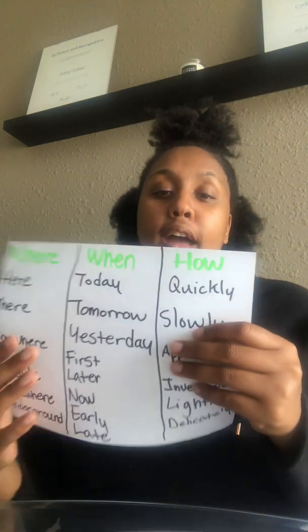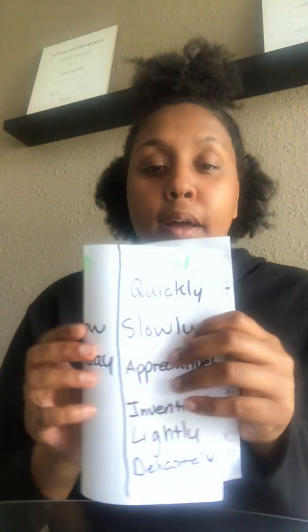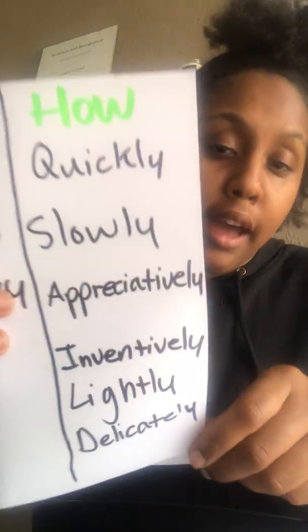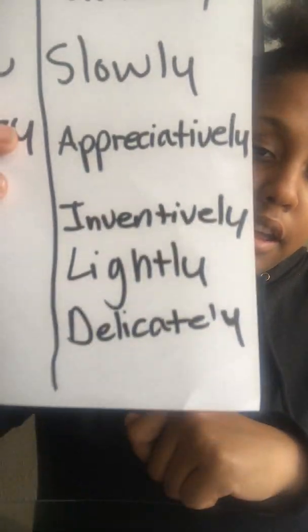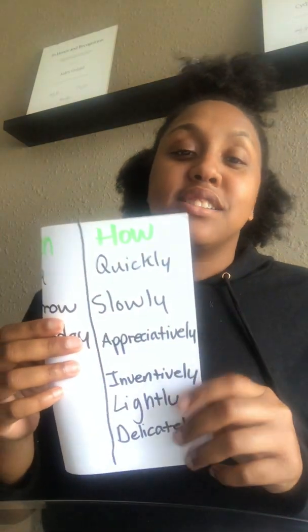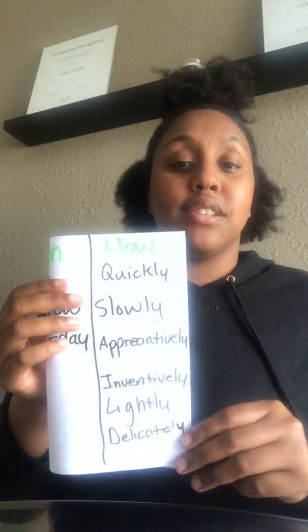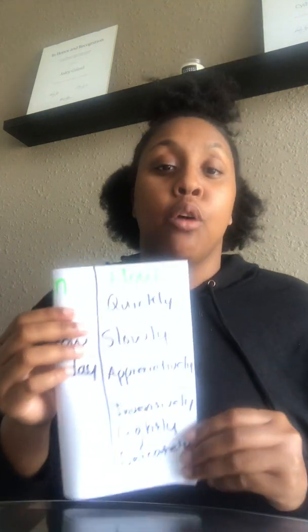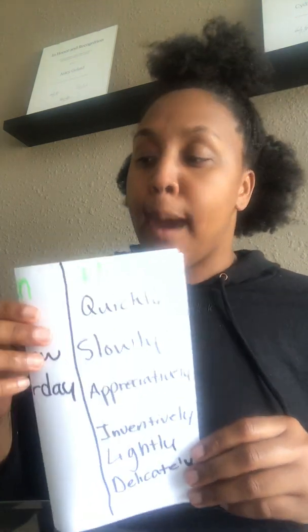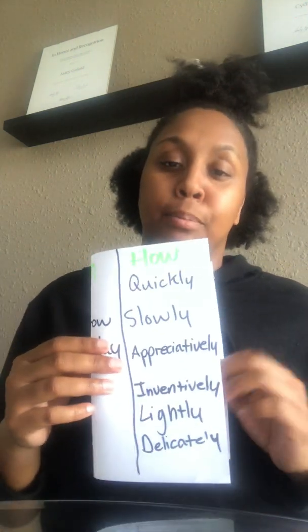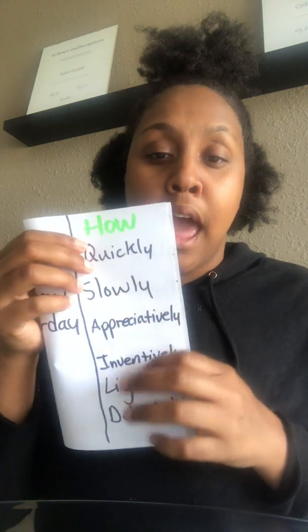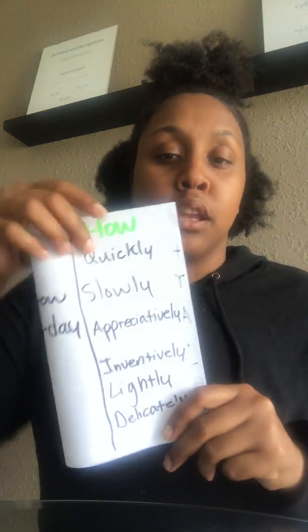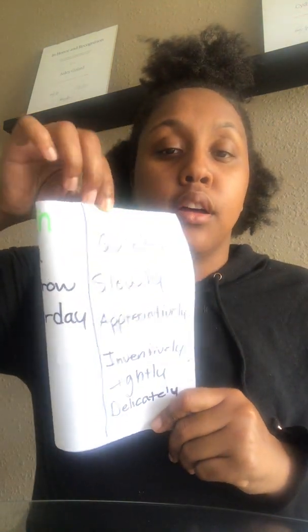So, as you can see, my how adverbs all have the suffix LY. That means the suffix LY describes how something is happening. So let's get into some examples of how we use adverbs with the suffix LY, describing how something is happening.